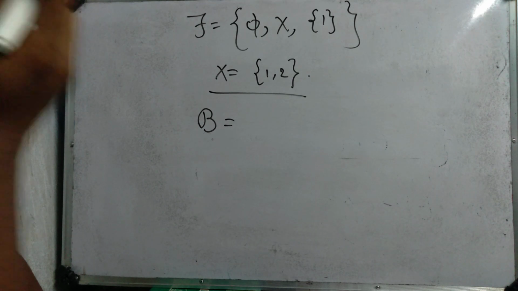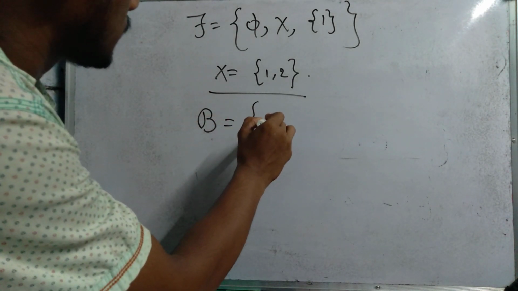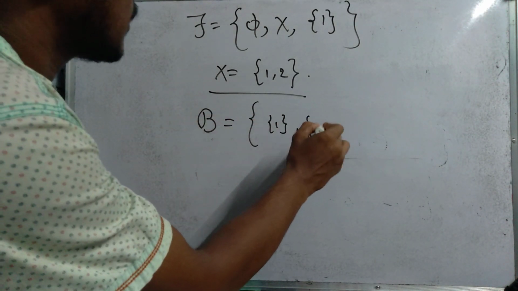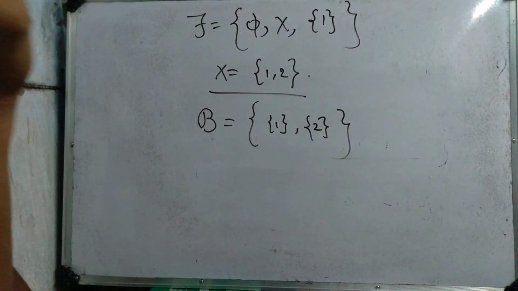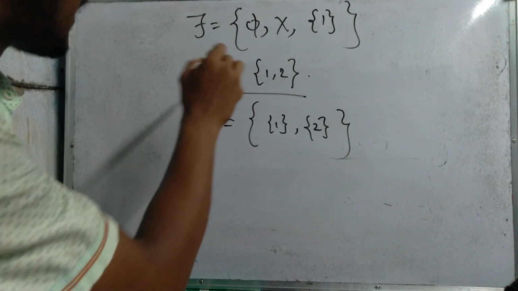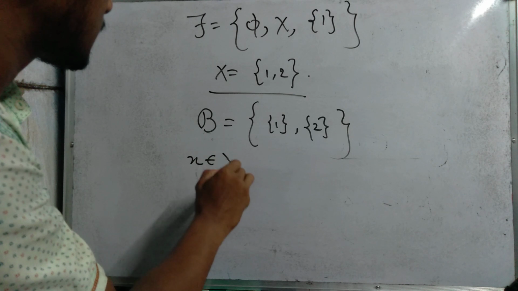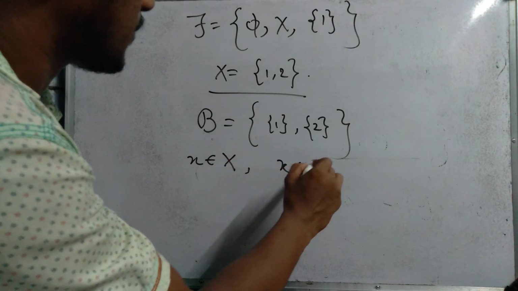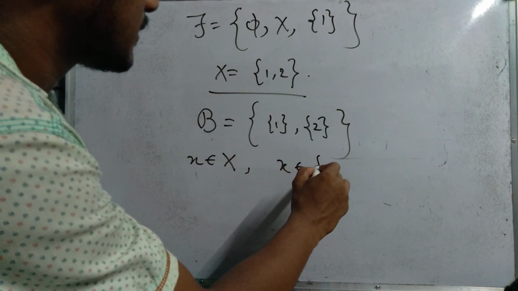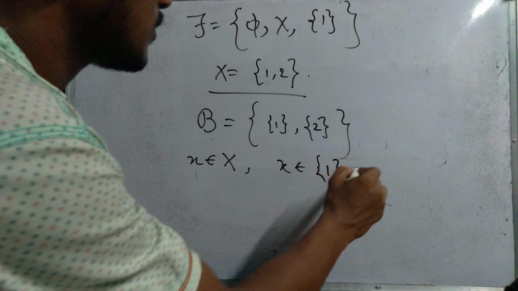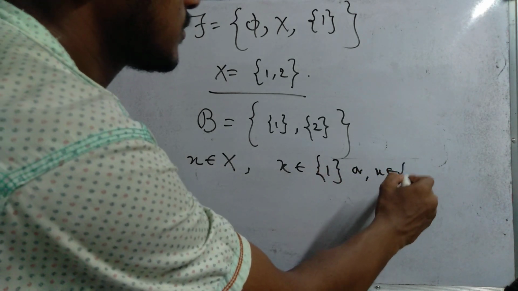The basis is the same thing, singleton 1, singleton 2. Okay, because if we take any x belonging to x, then this x belongs to some basis element, this one, or x belongs to this one.